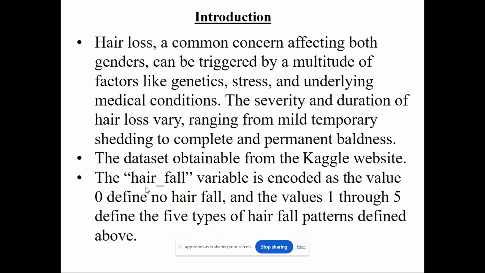Coming to the introduction, hair loss is a common concern affecting both genders, which can be triggered by a multitude of factors such as genetics, stress, or underlying medical conditions. And the severity and duration of the hair loss issue can vary, ranging from temporary shedding of the hair to permanent or complete baldness.